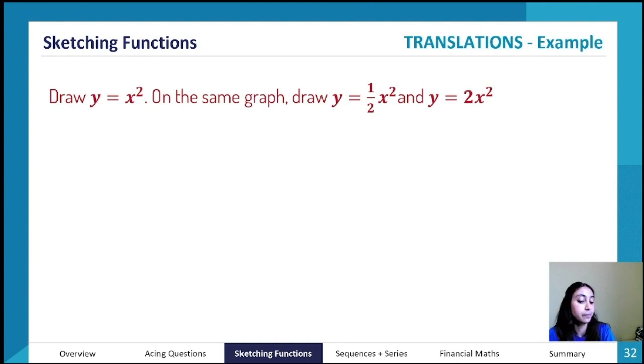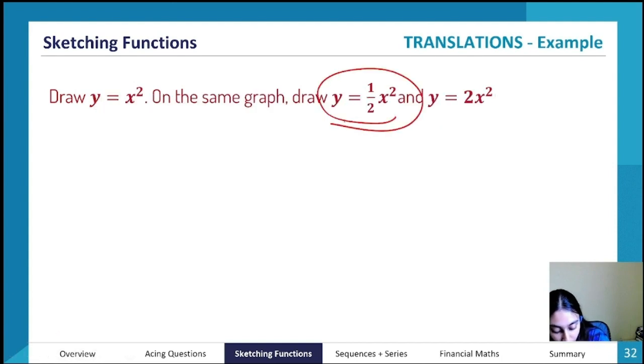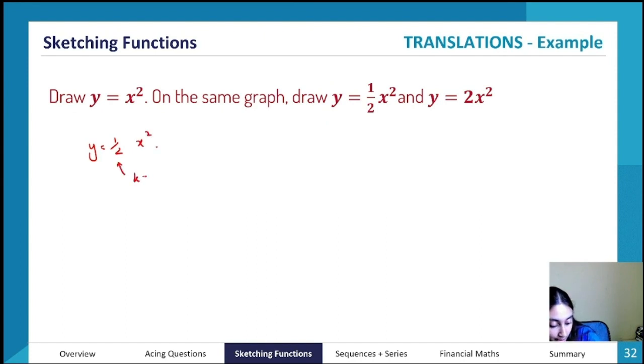Okay, let's work through this question. Let's do the first one. So y is equal to a half x squared. So my k value is equal to a half. What's going to happen to the actual curve?